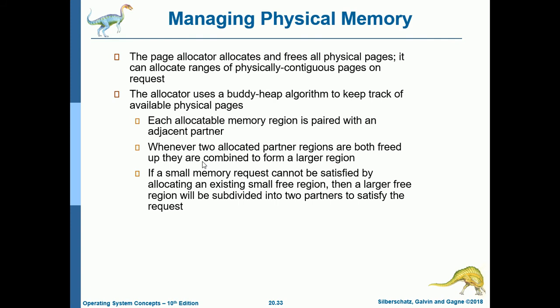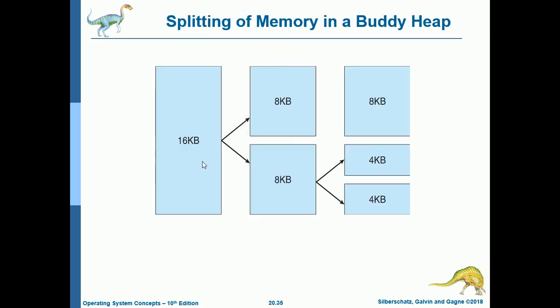But it is also said here that if a small memory request cannot be satisfied by allocating an existing small free region, then a larger free region will be subdivided into two partners to satisfy the request. So for example, if your request is too small for a 16 KB region, only for example 2 KB, then this will be divided into two until it satisfies.